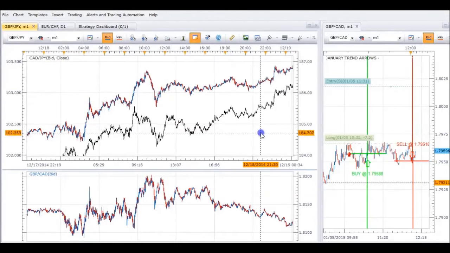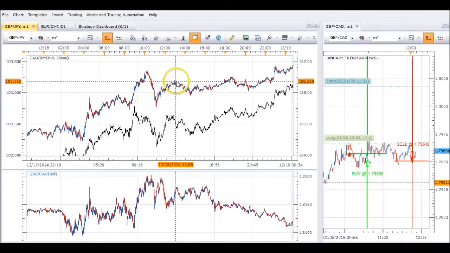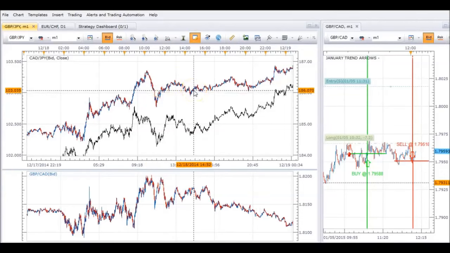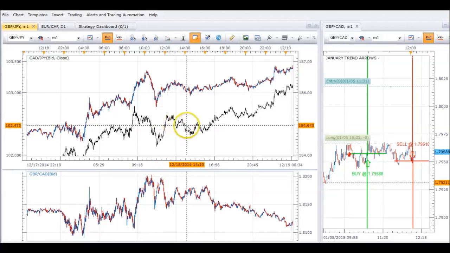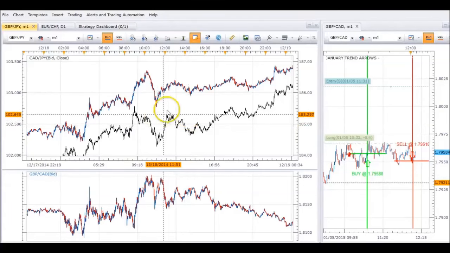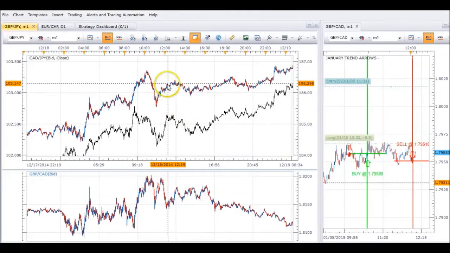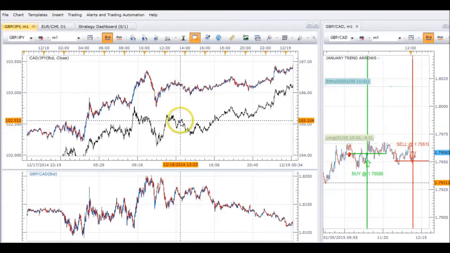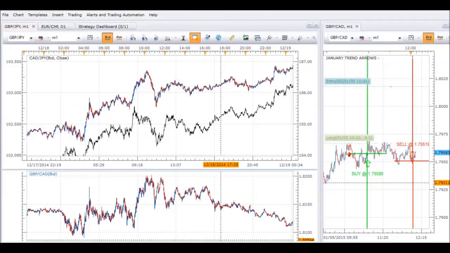Now, if the British pound yen is overvalued against the CAD yen, and they have a 96% correlation to each other, all I have to do is short the British pound yen and buy the CAD yen. But how can I do this without two spreads? Well, I'll show you.